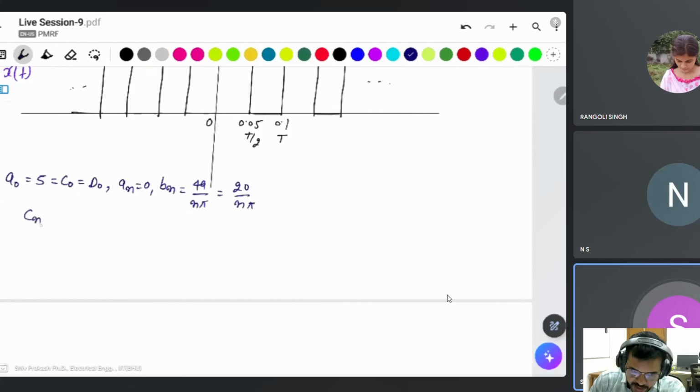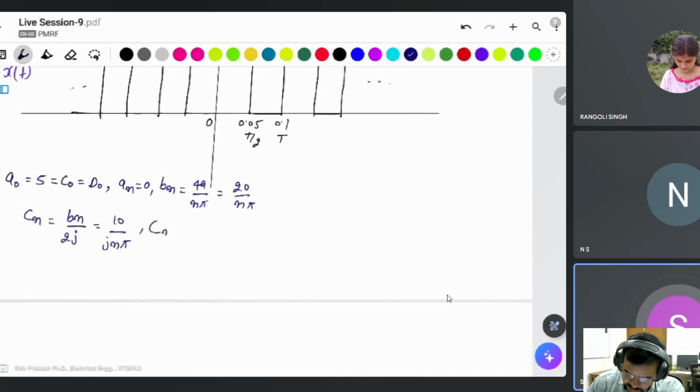We know about Cn. Cn is equal to an minus j bn by 2, and C of minus n is an plus j bn by 2. Okay, this will be 10 divided by j n pi, as bn is equal to 4a by n pi, which is 20 by n pi, divided by 2, 10 by n pi.